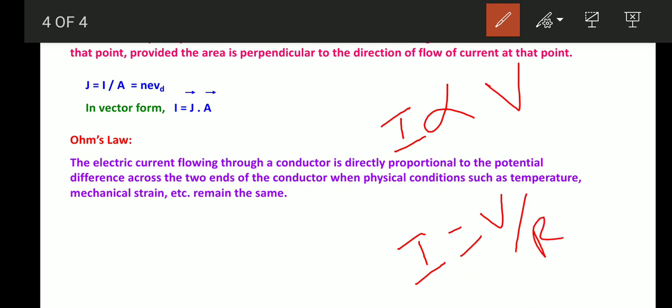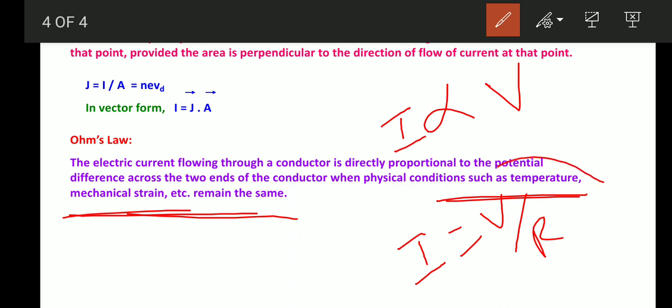So let us define Ohm's law. The electric current flowing through the conductor is directly proportional to the potential difference across the ends of the conductor, when physical conditions such as temperature, mechanical strain, etc., remain constant, so that Ohm's law is valid.